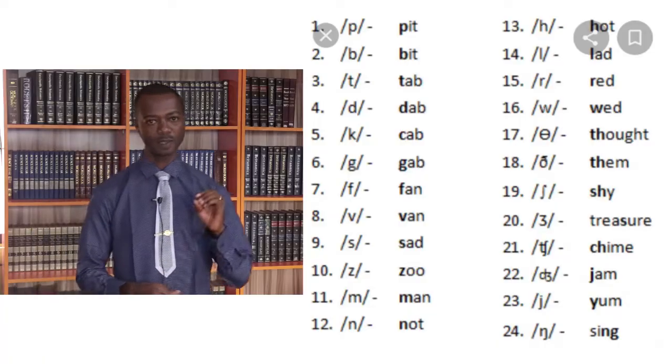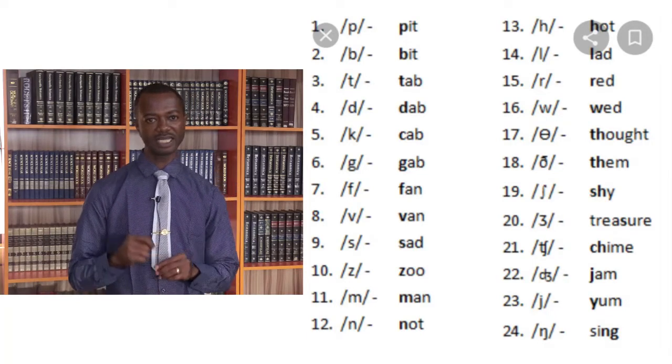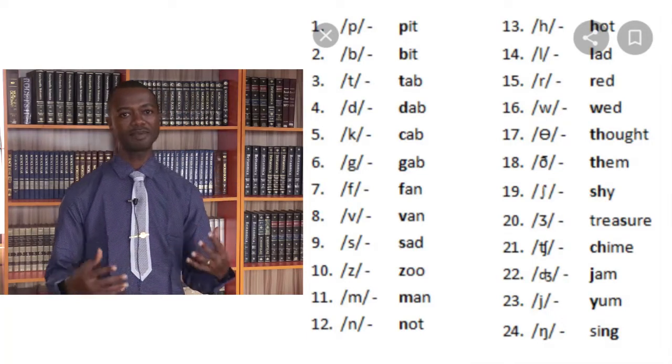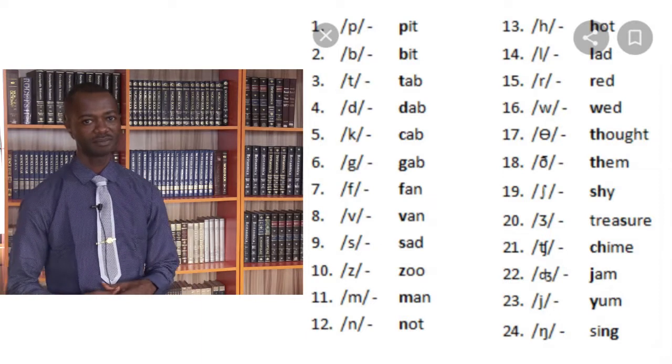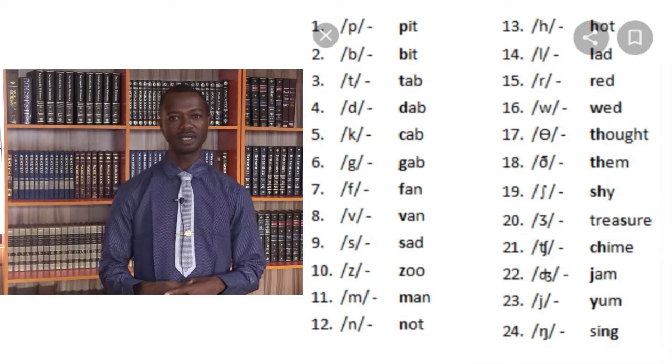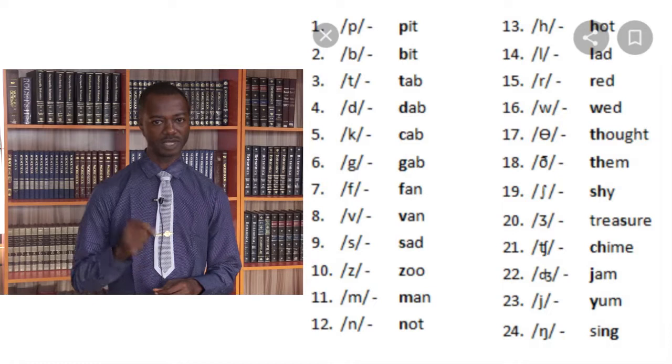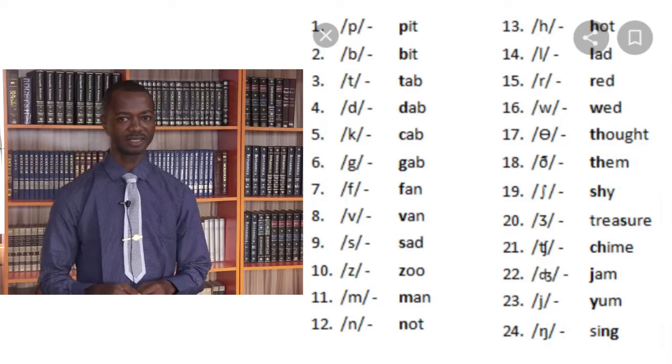The consonants in English are 24 in number, so I'm going to be going through each of them. The first one I have is the P. The P is found in a word like pipe, paper, porridge. P sound. So learn to pronounce it, learn to articulate it.